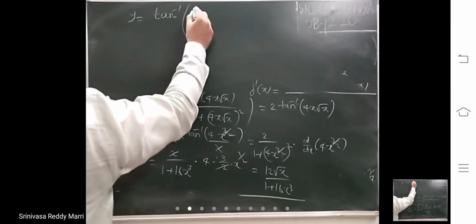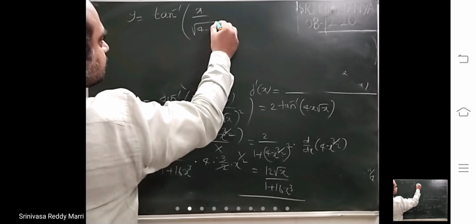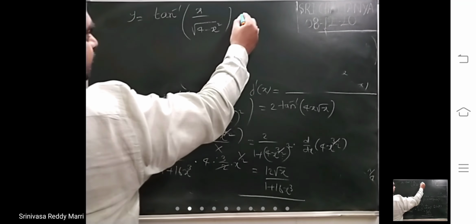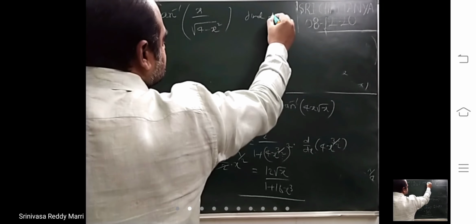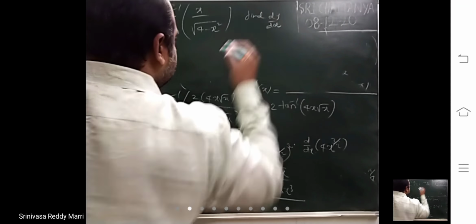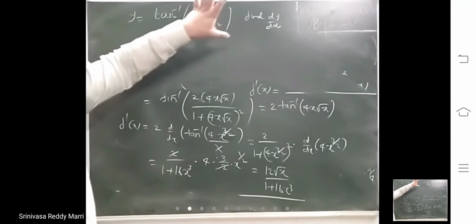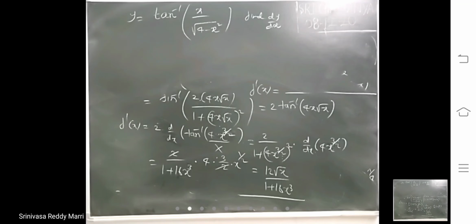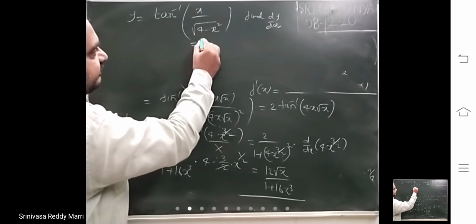tan inverse. Find dy by dx. So you can do it directly, take this as capital X and then write dy by dx of capital X. But instead of doing that, if you take some substitution and simplify, it will become easy.